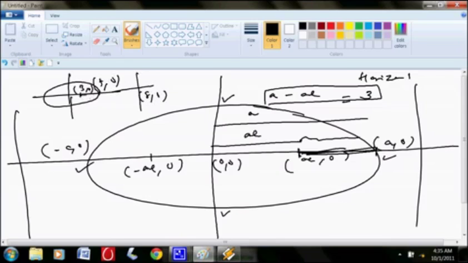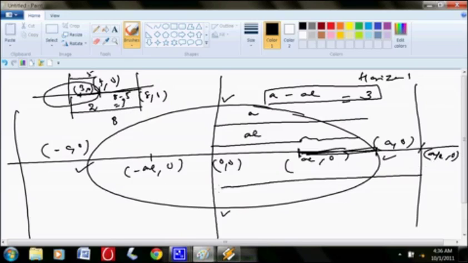What will be the distance between the focus and the vertex? You can easily make out that this is 5 minus 3 is 2. If I tell you what is the distance between the vertex and the directrix, so much is 8, so much is 5, so this is 8 minus 5, that is 3, and this will be your A by E, 0.